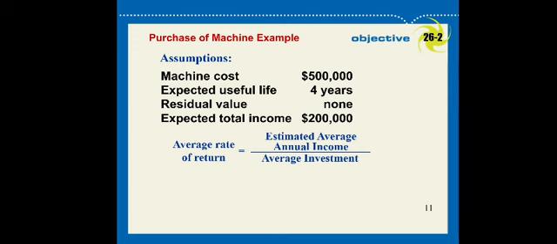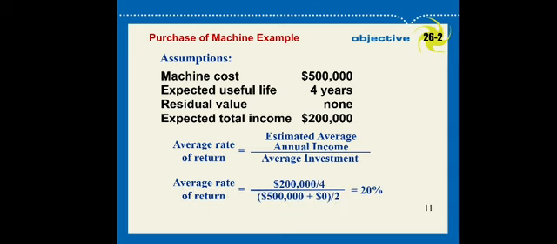To calculate the average rate of return, you have to use this formula: estimated average annual income divided by average investment. So let's see how to calculate that. You have to remember this. You can see the formula here, and the example of calculation below the formula.